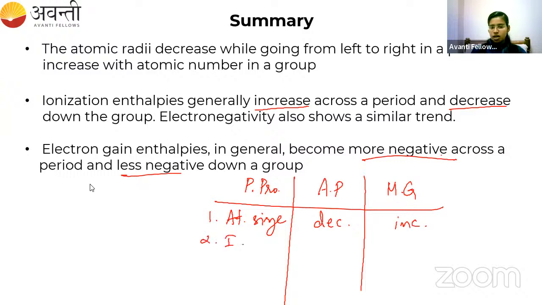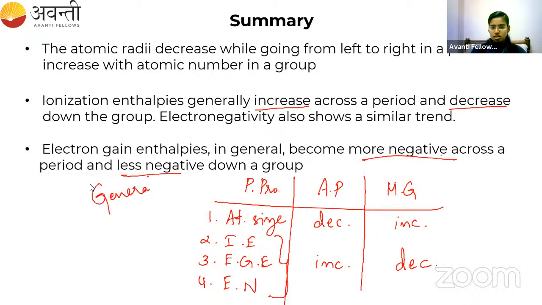The second one is ionization enthalpy. Third is electron gain enthalpy. The fourth one is electronegativity. The other three is just the opposite. Increases across the period and decreases on moving down the group. Okay. So this is the general trend we observe for the four physical properties.